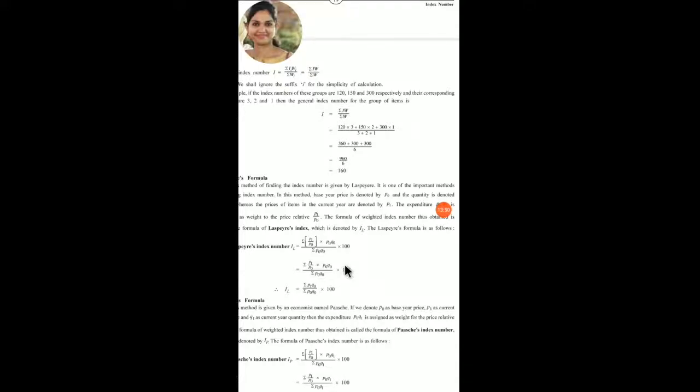Here, see girls, sigma I. We will compare this formula with the weighted average method. Okay, we know I is equal to P1 upon P0 into 100, and W, I already told you, W means P0 Q0, and in place of sigma W we will put sigma P0 Q0.